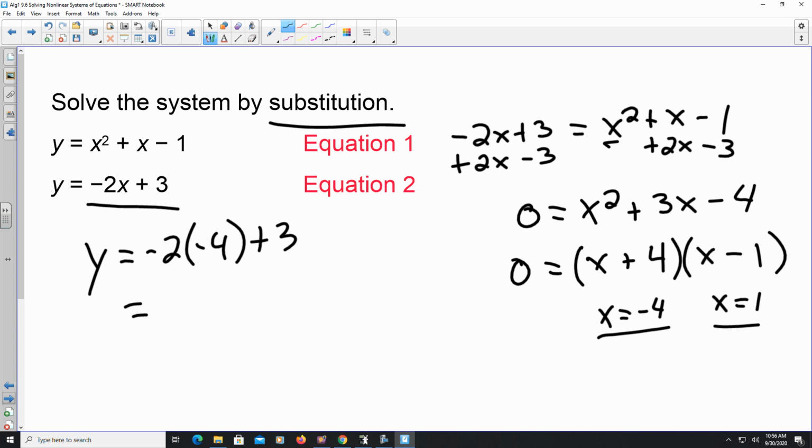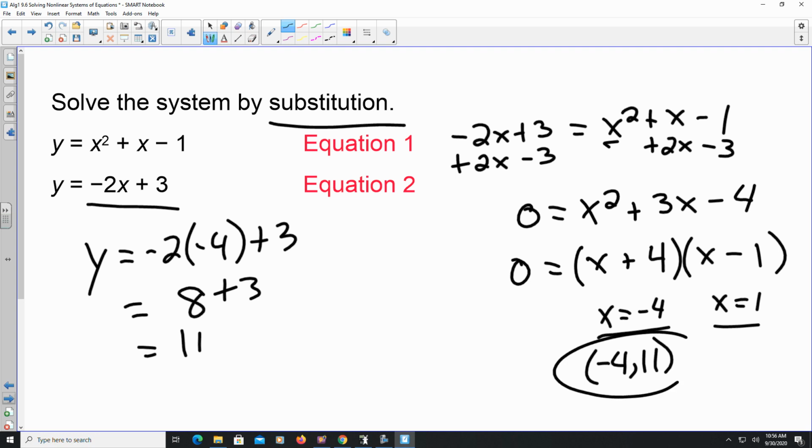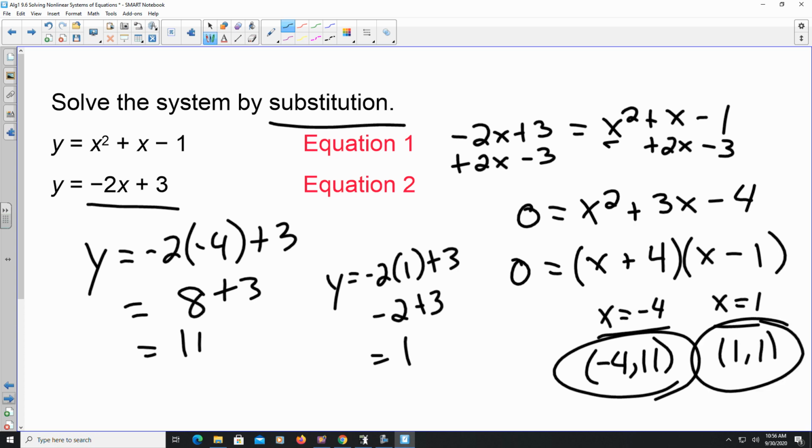So this is going to be 8 plus 3, which is 11. So my first solution is negative 4 comma 11. For the second one, I put 1 in, so I got y equals negative 2 times 1 plus 3. This is going to be negative 2 plus 3, so that equals 1. So my other solution is 1 comma 1. So this is a situation with two coordinates, two different solutions where they intersected.